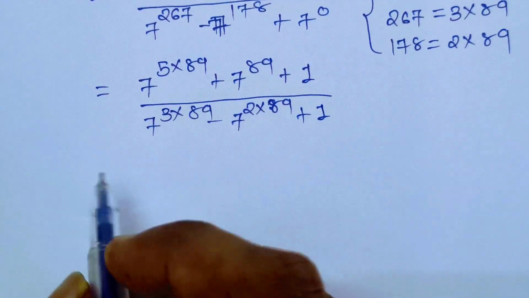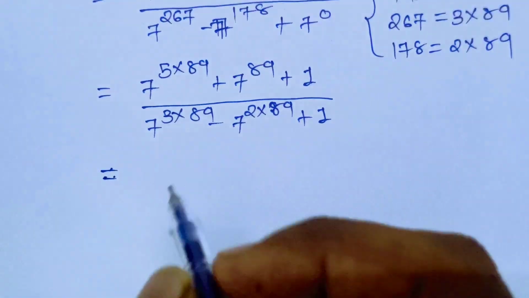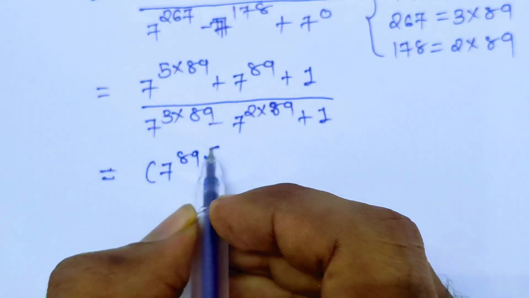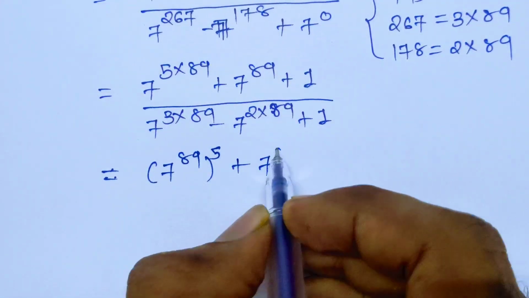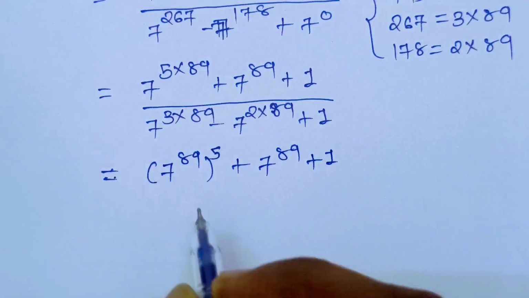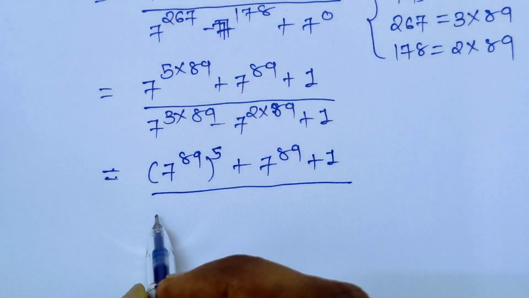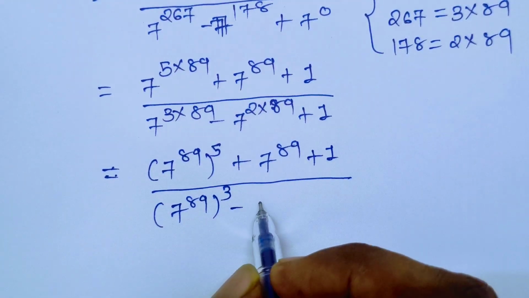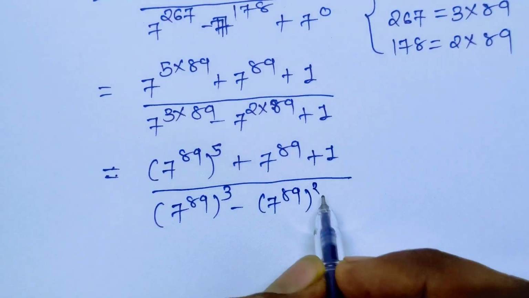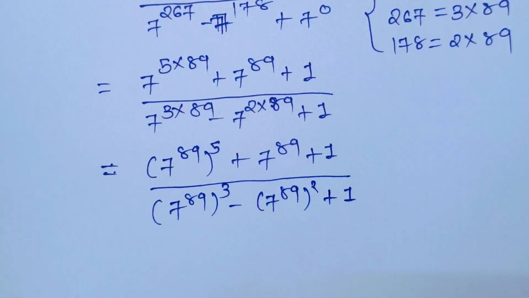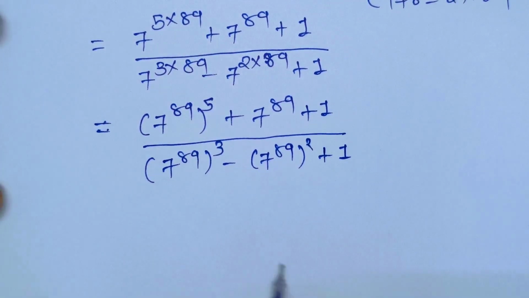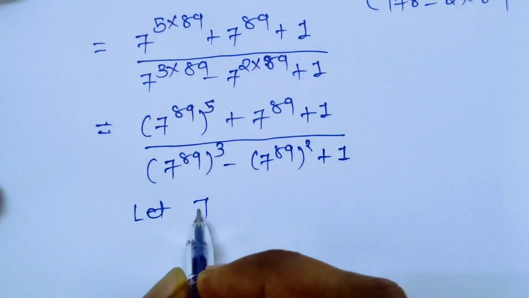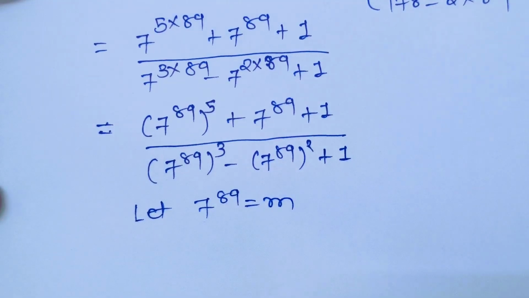Therefore this is equal to (7^89)^5 plus 7^89 plus 1, divided by (7^89)^3 minus (7^89)^2 plus 1. This I think is clear. Now consider 7^89 is equal to some value m.